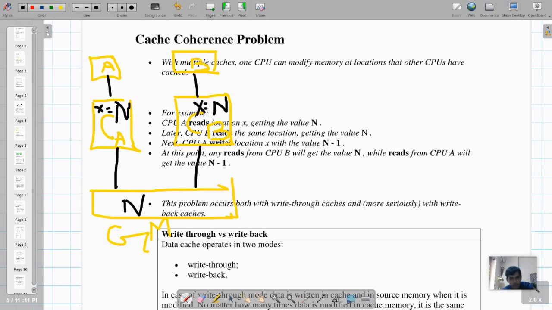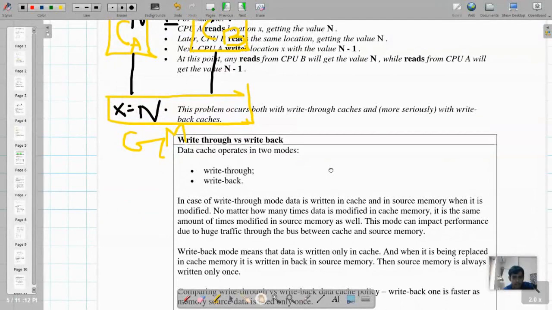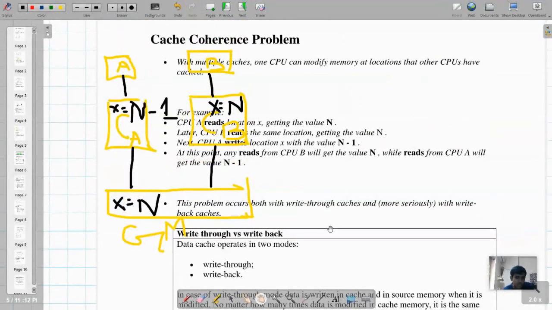And now time goes on. After some time, the next instance, what happens? The value of X has been updated by processor A, and the new value of X is now N minus 1. If your memory writing policy is write through, then what will happen?